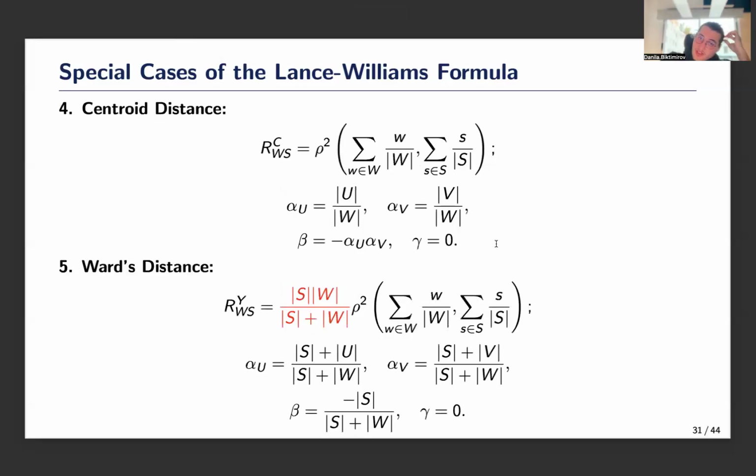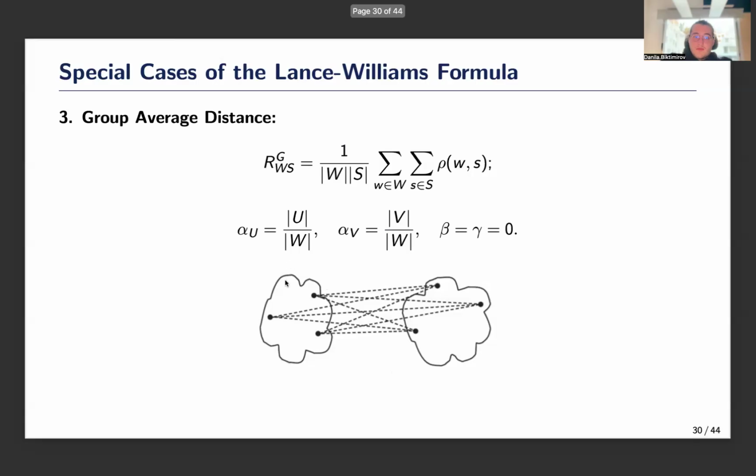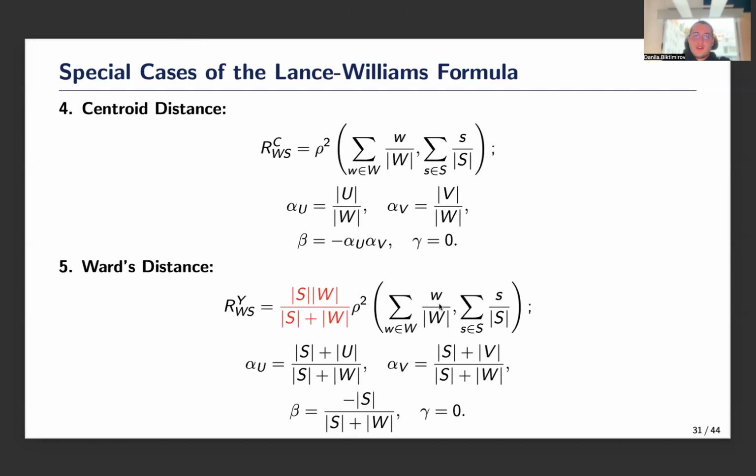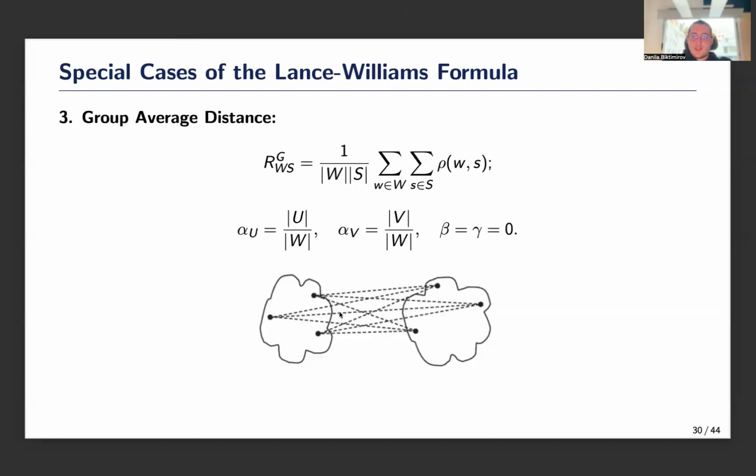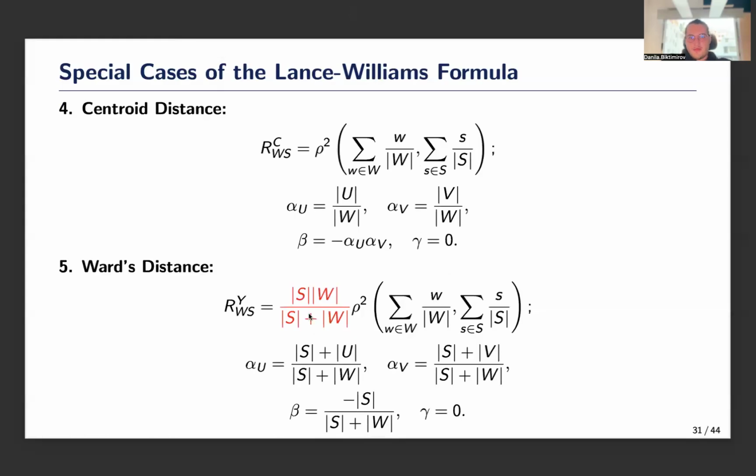Also, we have centroid distance. We calculate a centroid point for each cluster. For example, if this cluster has only 3 points, then the centroid is going to be somewhere here, and for this cluster, somewhere here. Then we just measure the distance between these two points as in the formula, and we get these parameters.